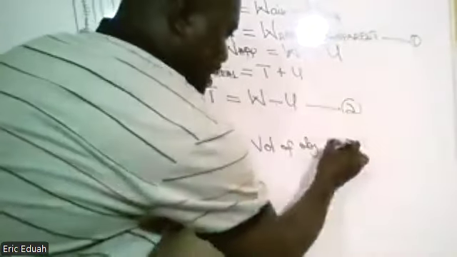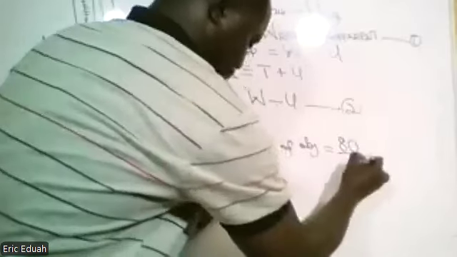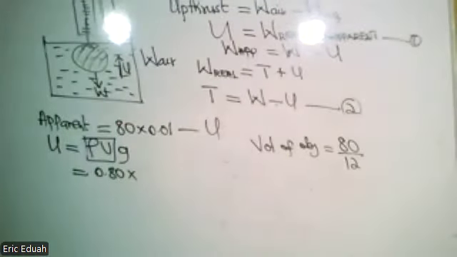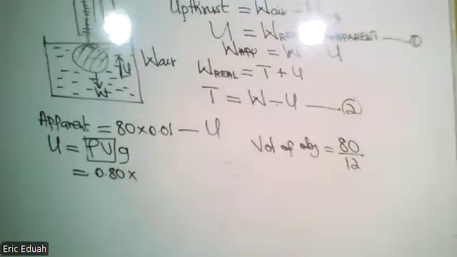Okay, so volume of object will be the mass, 80, divided by its density, which is 12. And what is 80 divided by 12? 6.667.